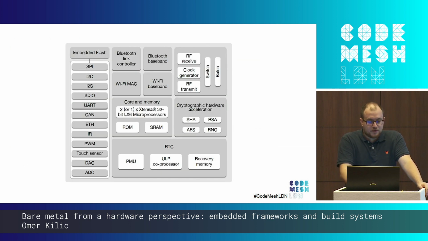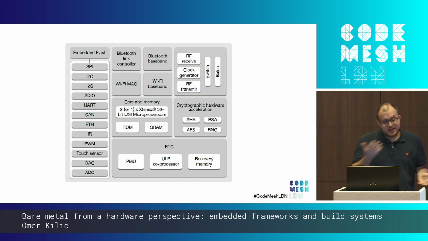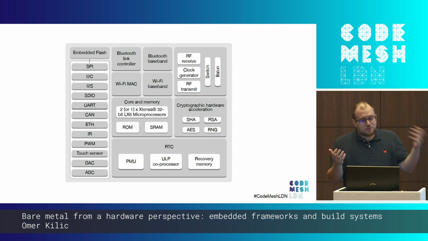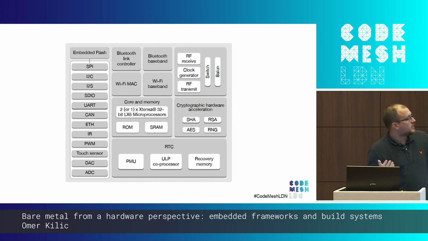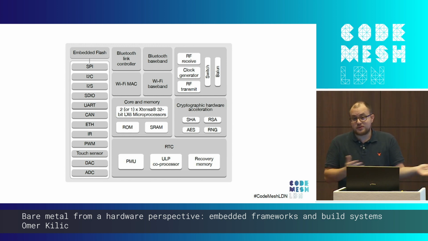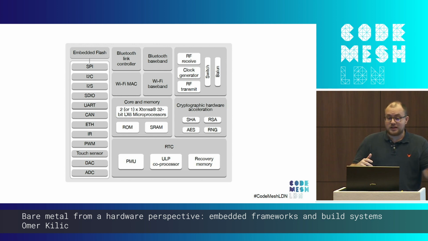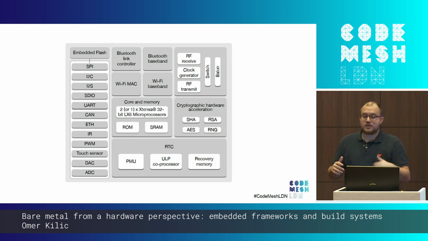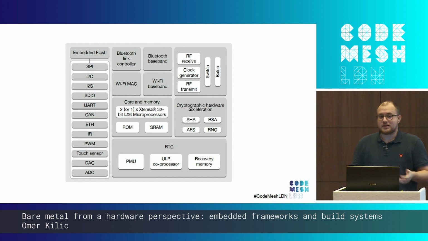In terms of architecture, again, you have a whole bunch of peripherals on the left-hand side, but notice that there is no USB or PCI Express anymore because we're not in Linux land anymore. And with these kinds of devices, we now have to start worrying about power consumption, and generally USB and PCIe are not necessarily the lowest power interfaces that we have.